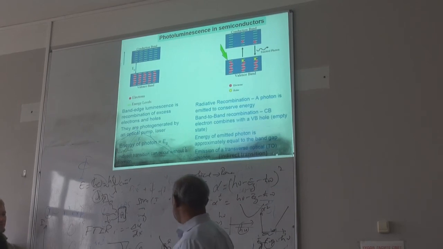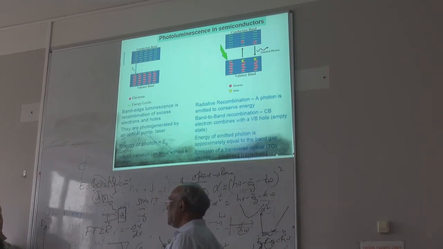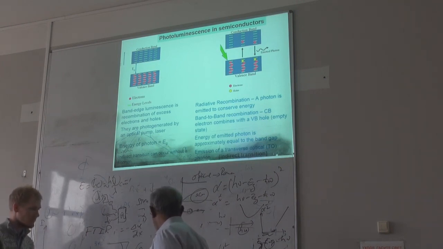But sometimes if you have some defect state here, then an electron can get trapped here. Then it will come from here to here, and it will emit another emission. So you can have what we call the band-to-band transition, or, if this is the energy scale, something happening at a lower band, that is this transition.